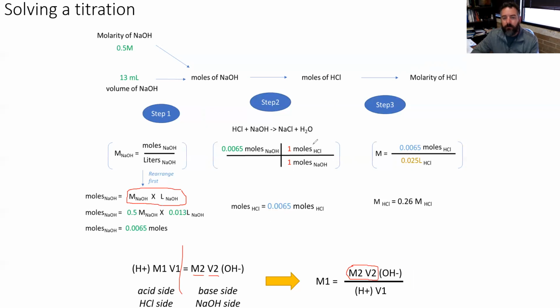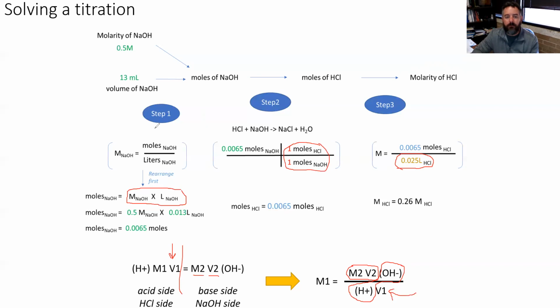Then our next step was to basically compare the mole ratios, which is how many hydrogen cations, how many hydroxides react with each other. Well, that comparison is actually shown here. And then our last step was to take our number that we have thus far and divide it by the volume of our acid. Our volume of our acid is V1, and that's going to be our last step here.